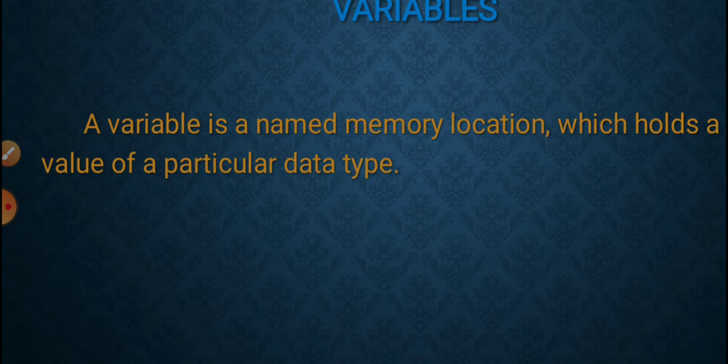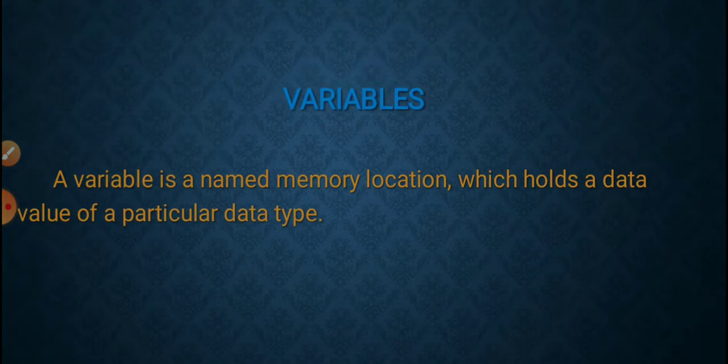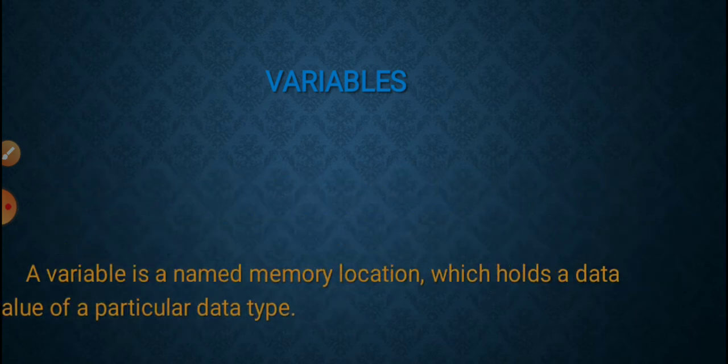By using that name, we can retrieve the data from the particular memory. So the name which is allocated for the particular location is called a variable. A variable is a named memory location which holds a data value of a particular data type.